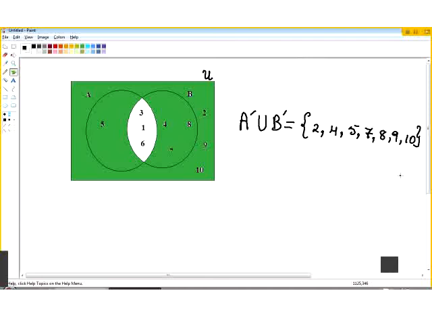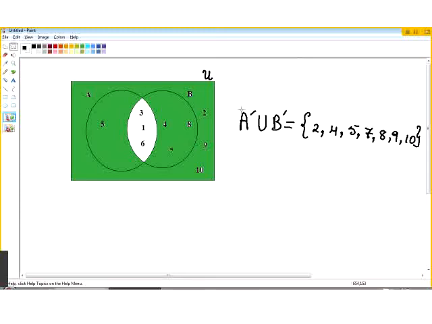Either how you look at it, that region in the center is represented by the elements that are in both sets, and we're looking to join everything outside of A and everything outside of B. At no point in time would 3, 1, and 6 ever be considered, because 3, 1, and 6 is not outside of A, and 3, 1, and 6 is not outside of B. So at no point in time are we going to get those elements to join this set. Alright? Okay.